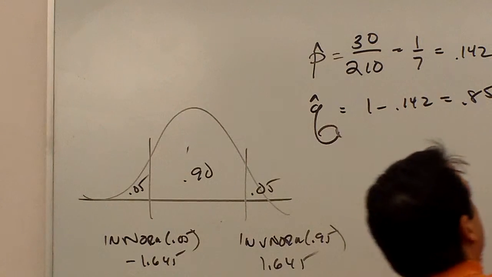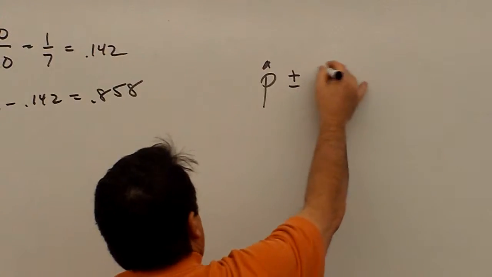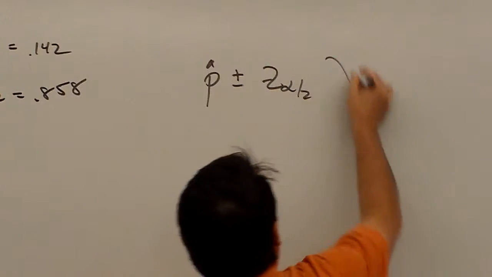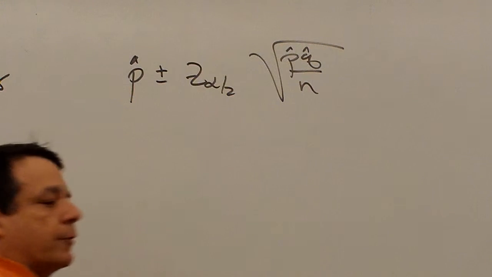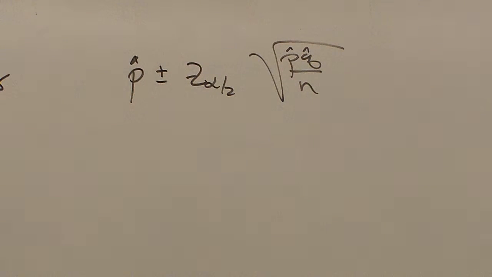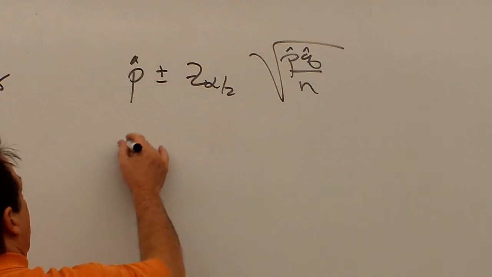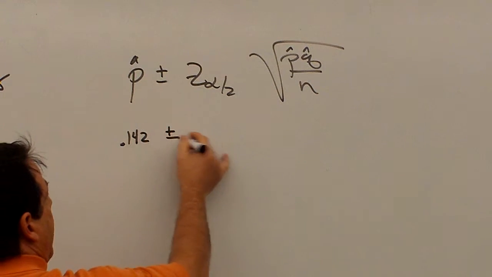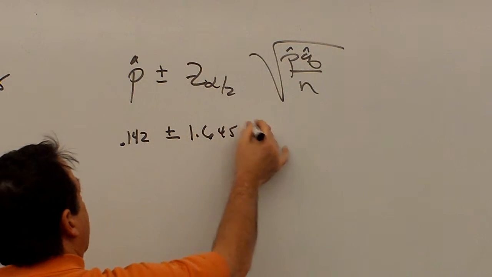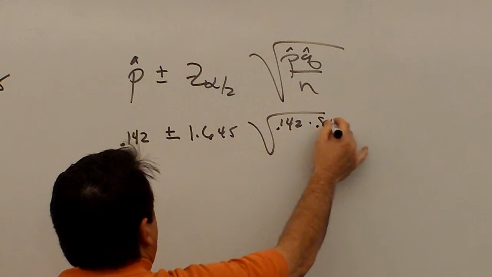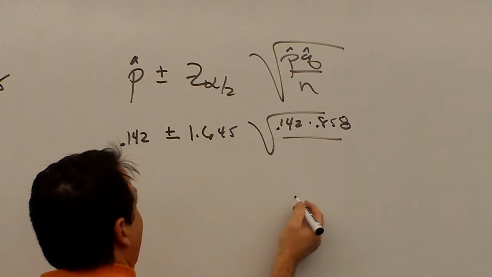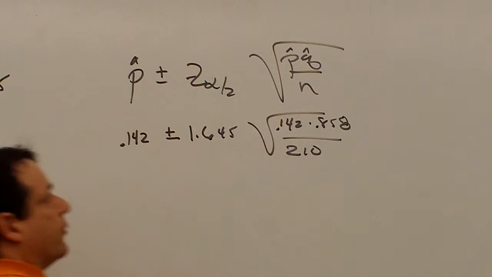Okay, so how do we do that? The confidence interval is simply P hat plus or minus Z alpha over 2 times the square root of P hat Q hat divided by N. Correct? So we've got to substitute everything in. That's 0.142 plus or minus 1.645 times the square root of 0.142 times 0.858 for Q, divided by N. What's N? 210.